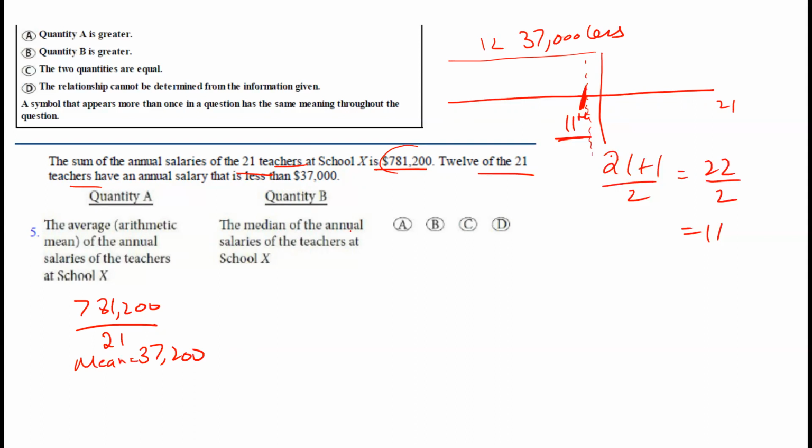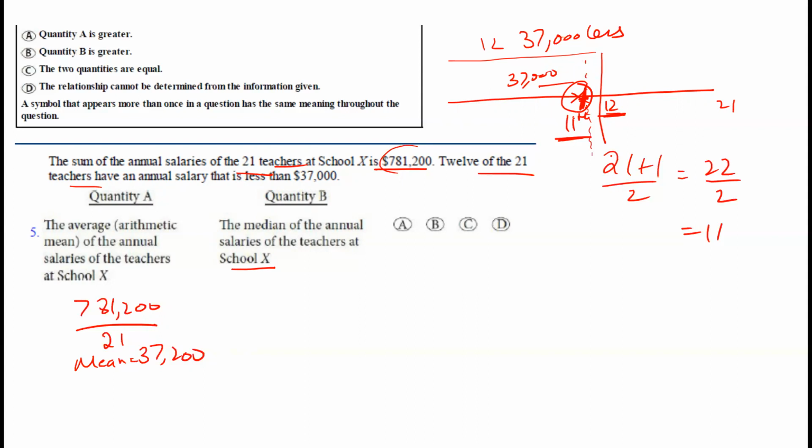Now the median of the annual salaries of the teachers at school X. The 11th teacher will be having the median. Now if 12 of them have a salary less than 37,000, then the 11th teacher will also have a salary that is less than 37,000, because there are a total of 12 teachers having a salary less than 37,000.